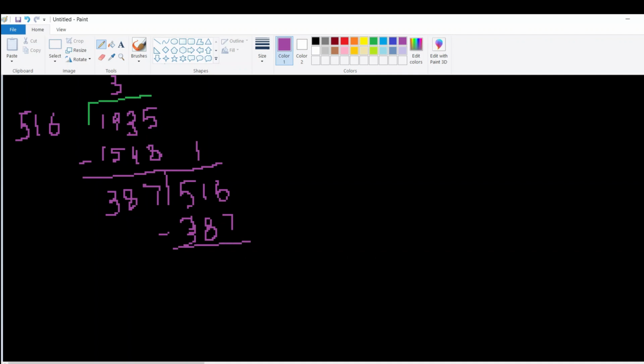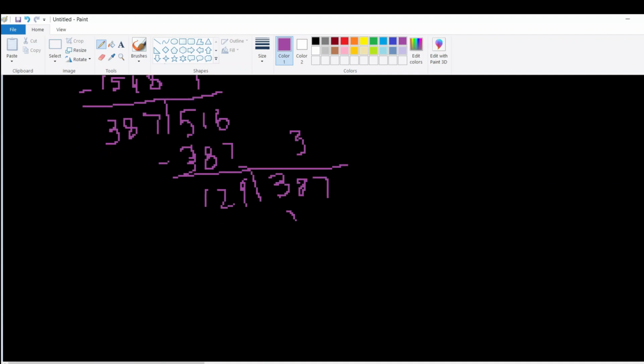Subtracted, the answer is 129. Repeating the same step as above, this goes on 3 and gives us the remainder 0.